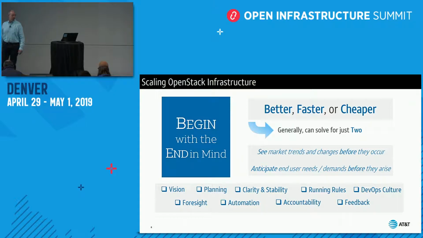Incorporation of a DevOps culture in everything that we do, so that beginning with the end in mind means remembering how is this going to look on day two, how is it going to operate, and can it scale? And finally, incorporating feedback end to end through that entire process to ensure that we have sufficient insight as we're encountering one decision to the next. So these are some of the concepts we'll get into today.